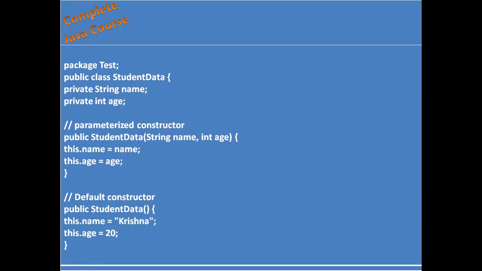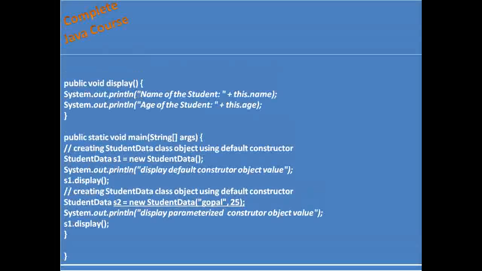So here are the two constructors we have defined in the StudentData class. Now we have created one display method which displays the name and age. Now we will print this name and age by calling the default constructor, creating a StudentData class object using the default constructor.